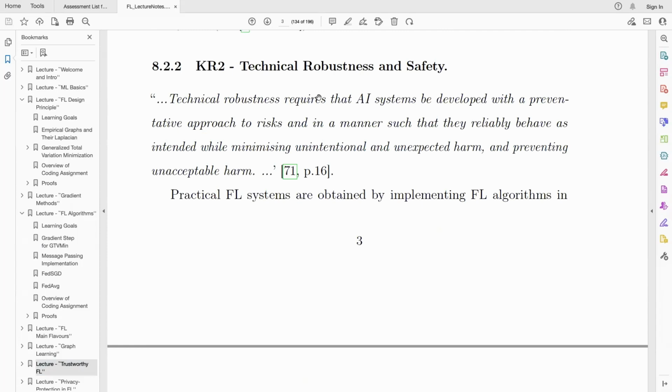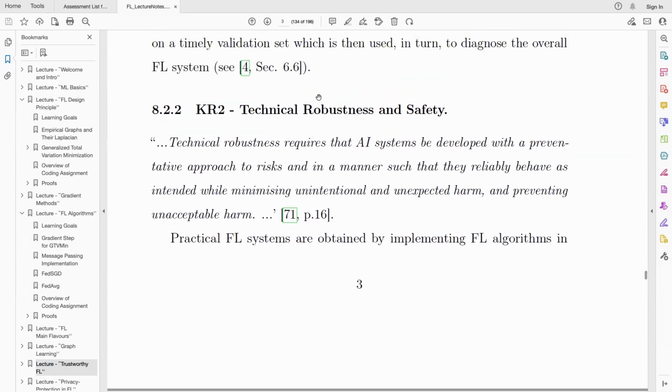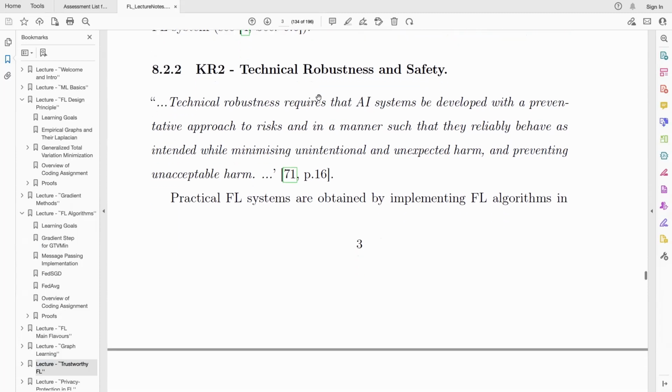So the comment was, if you do continuous updates on new data, you should somewhat make sure that the new data that comes in is also trustworthy or reliable, corresponds to the underlying data generation process, and is not manipulated. So this is also related to key requirement 2, technical robustness and safety.